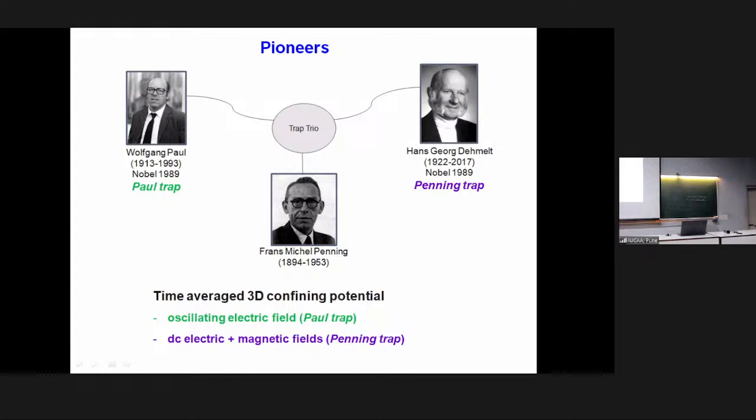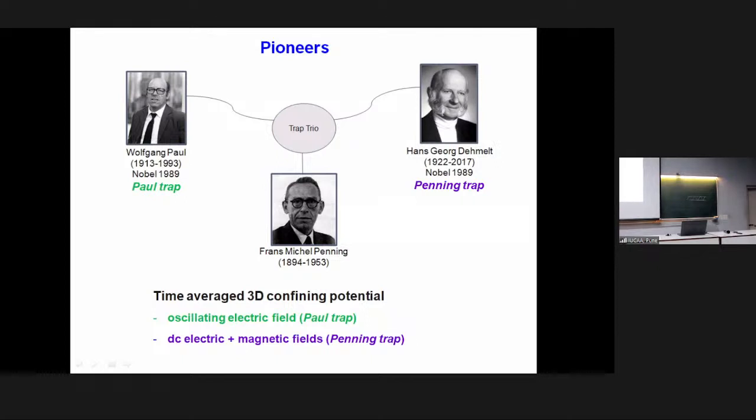They used 2 slightly different techniques for trapping ions. The technique developed by Wolfgang Paul is named the Paul trap. The other technique was developed by Hans Dehmelt, who gave the trap the name of his supervisor, and it's called the Penning trap, because Penning is the pioneer of this entire thing.